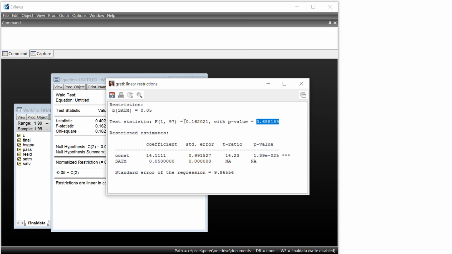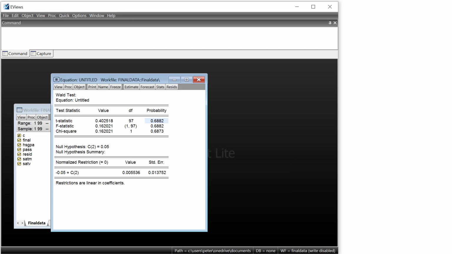Gretl doesn't report the t-value in this case, only the F-value, which is for the case when you have a 1 here, the F-value is just the square of the t-value. Compared to EViews, it's this number only that's reported by Gretl, and it's exactly the square of that one.